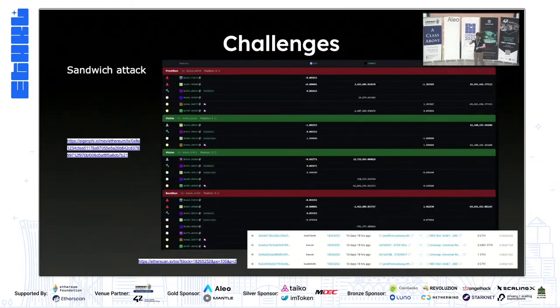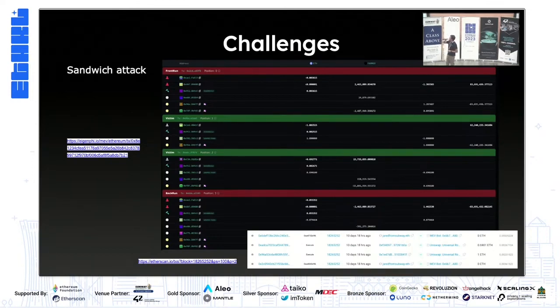I'm going to give a quick run-through of what this sandwich attack looks like. If you go to EigenPhi, you see something like this. It's not immediately obvious. You see this person, Jared from Sunway, is a very famous MEV searcher, a very profitable guy or team. You see 2 transactions, and in the middle can be 1 or more transactions. If you go in and decode what's going on and it involves the same pair of tokens, it's very likely a sandwich attack.